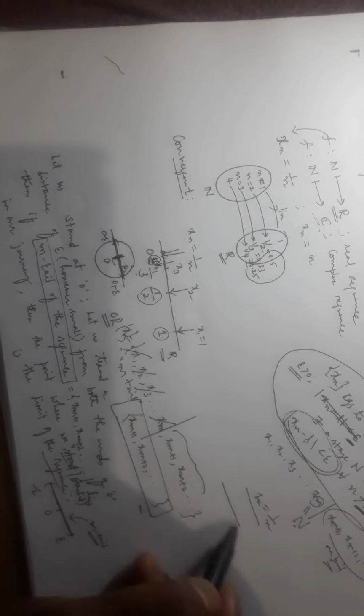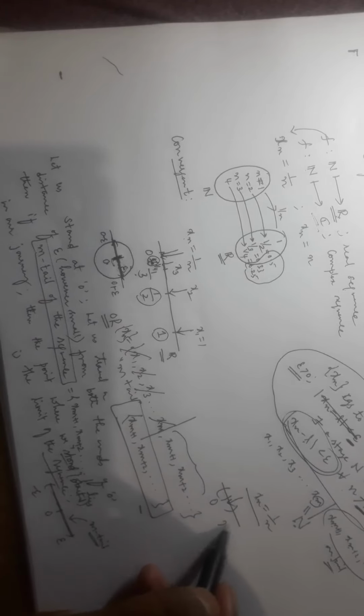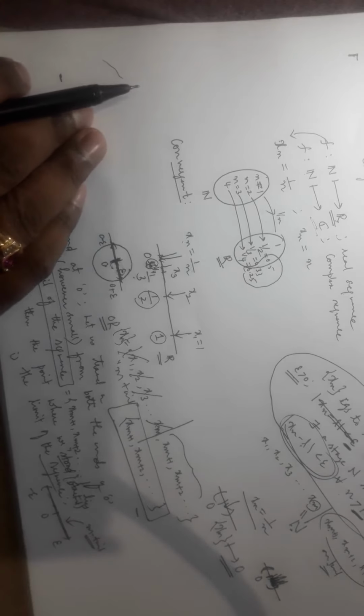If you are very near to 0, then you can say xn converges to 0. Getting my point? It is approaching 0. However small a radius you draw, you can find infinitely many elements of that sequence. Only finitely many should be left out. That is called convergence of the sequence. Is the idea clear?